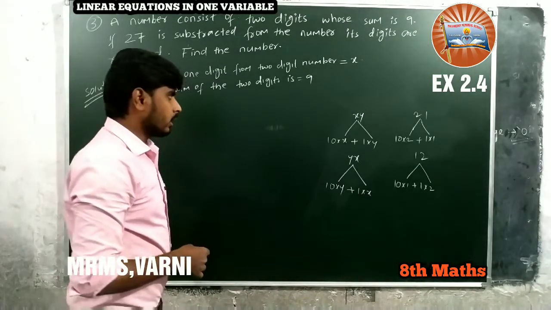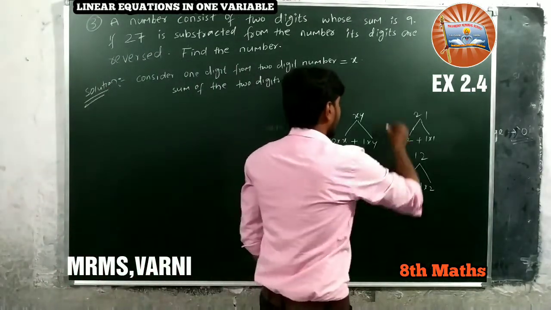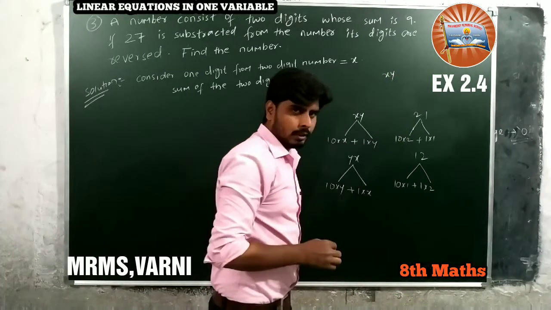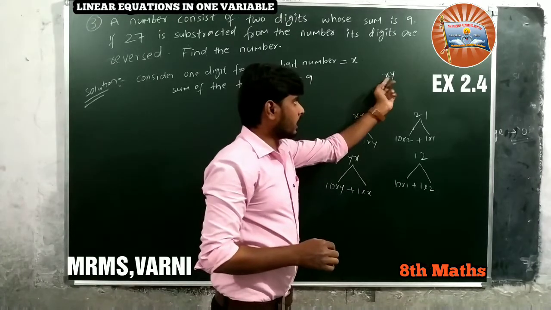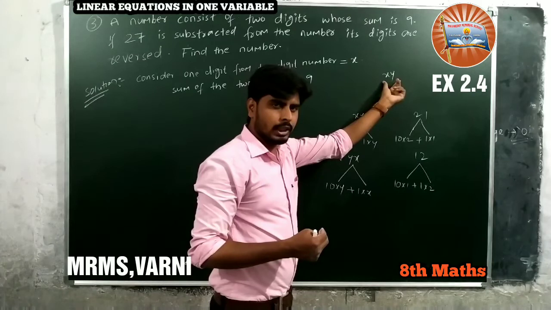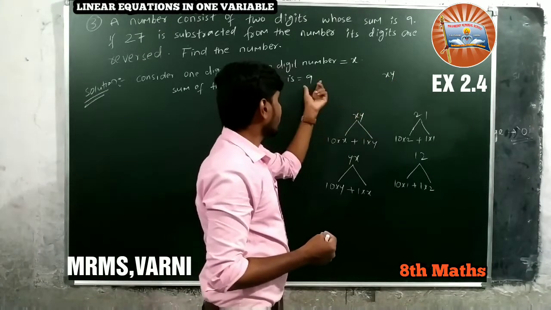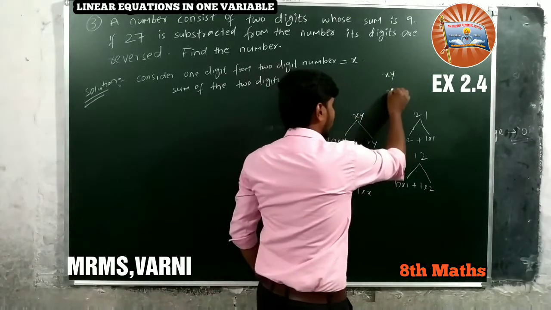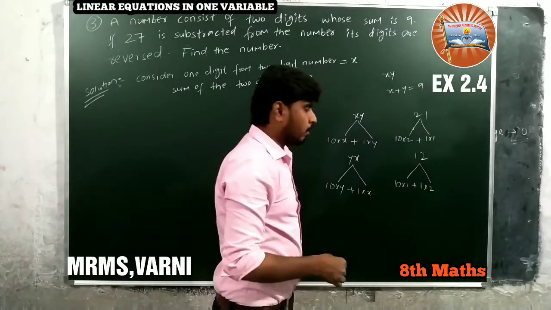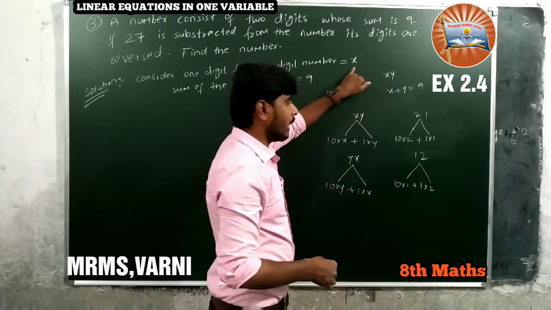Right. So now come to here. Suppose xy is a two-digit number. x and y are two digits. The sum of these two digits is given here as 9. It means x plus y is equal to 9. Suppose one digit I am considering here is x.